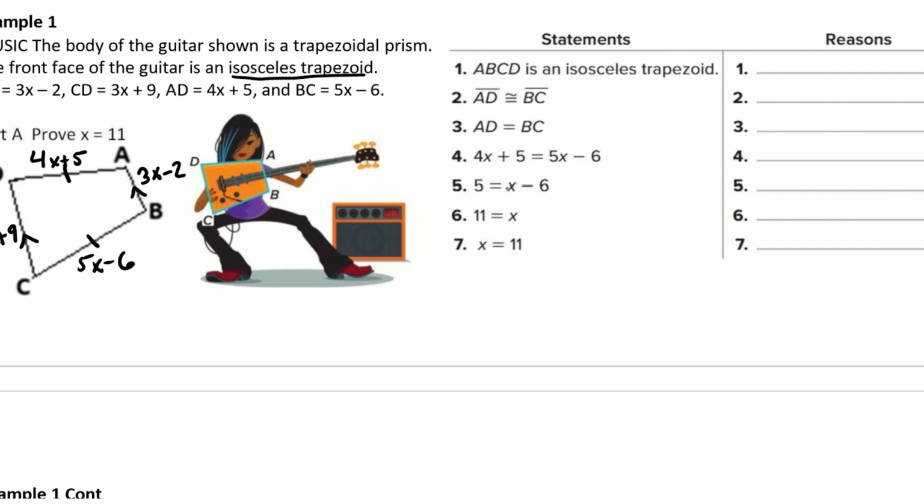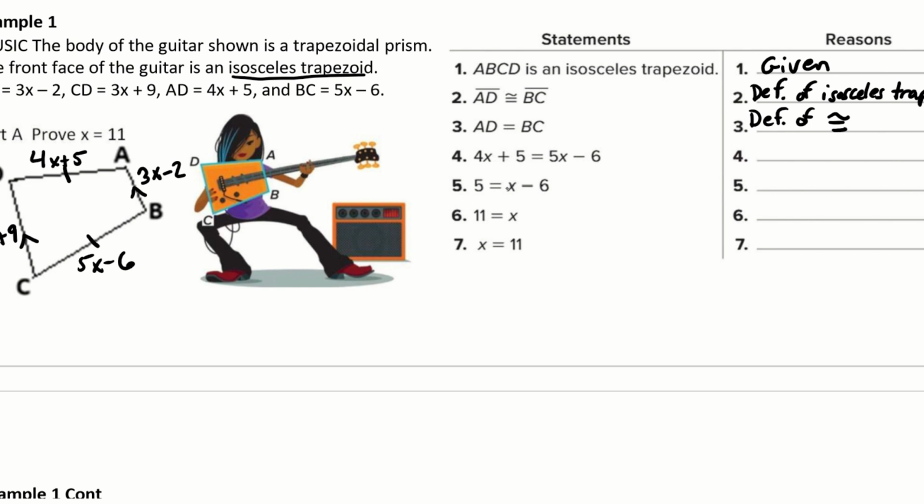All right, so we're given that it's an isosceles trapezoid. We know that those are congruent by definition of an isosceles trapezoid. And so we know that AD is equal to BC because of definition of congruence. If they're congruent, then they have to be equal, right? So definition of congruence.